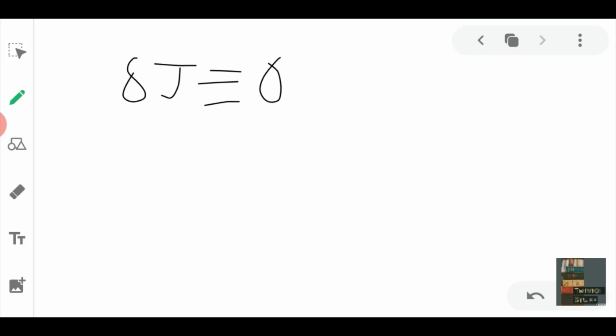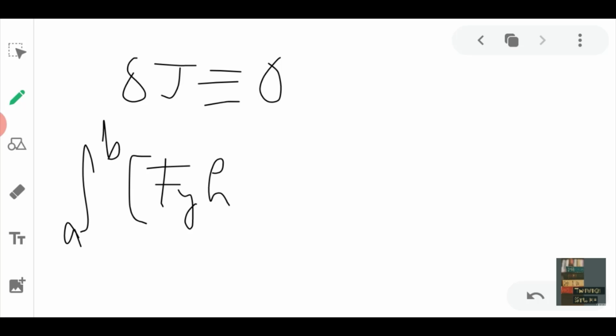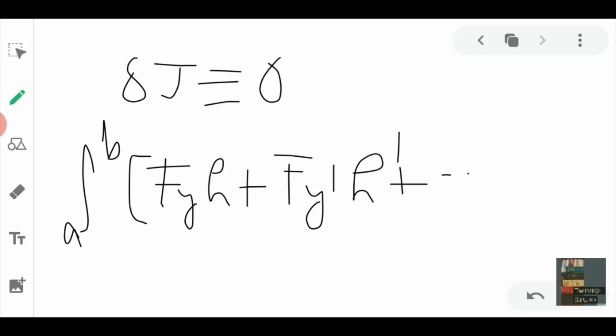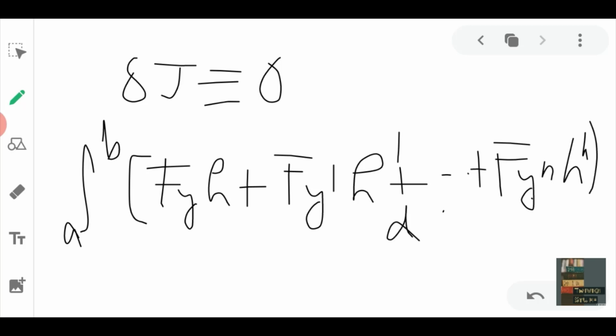So from there we get that the integral from a to b of F sub y h plus so on plus F sub y^(n) h^(n) dx is equal to 0.